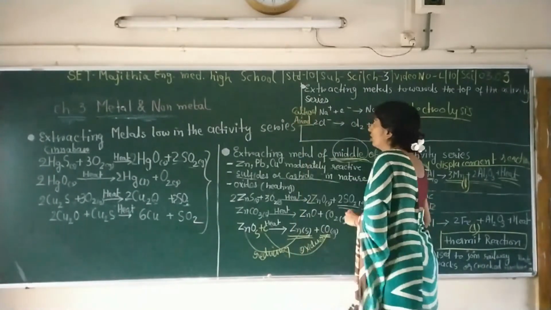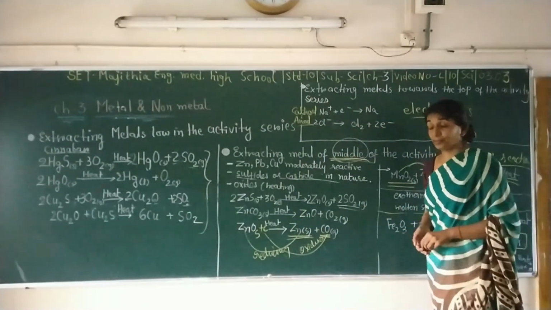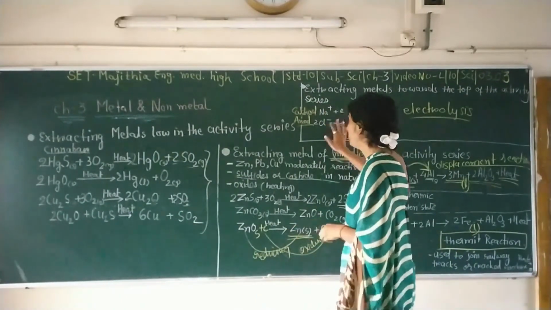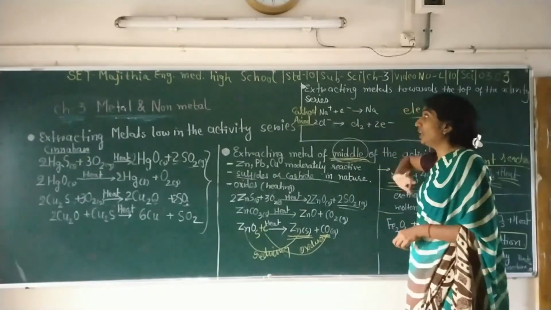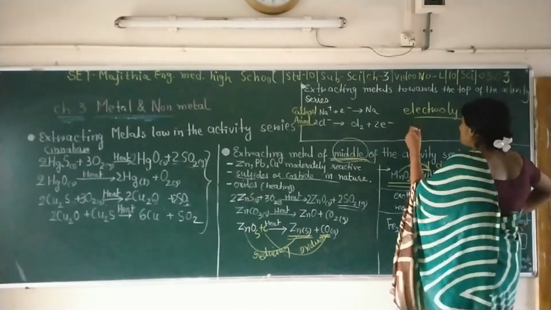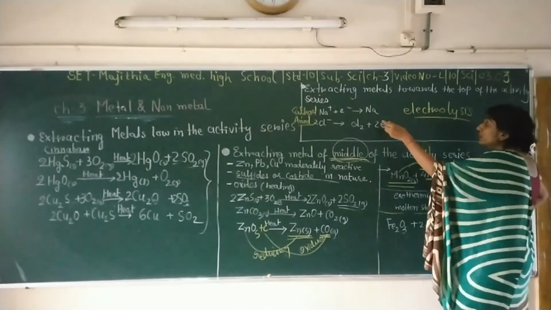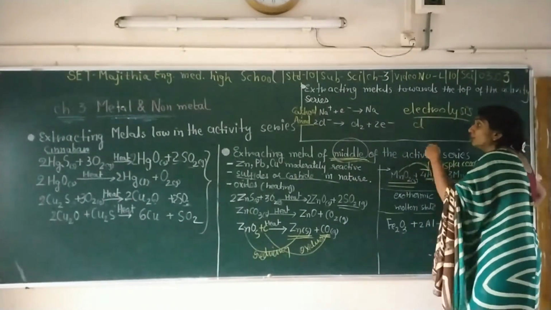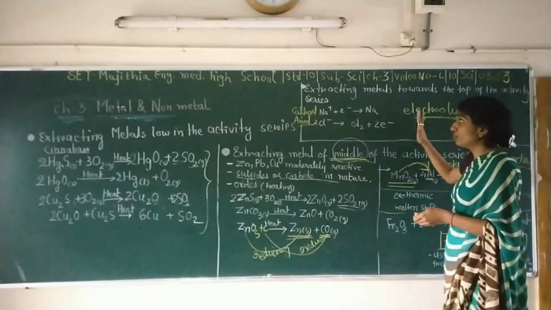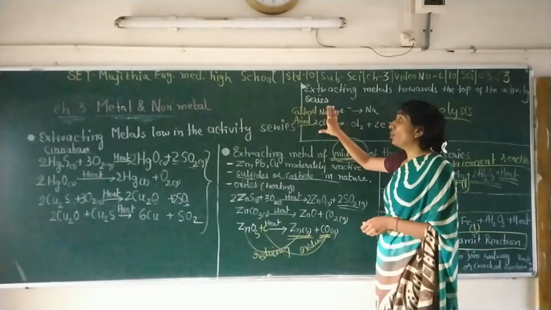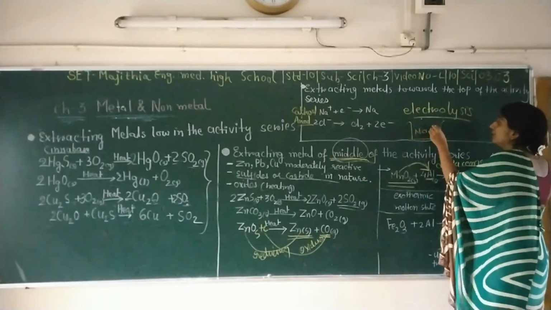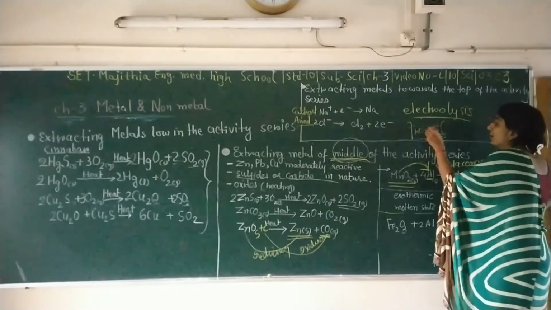In this procedure, we are supposed to have these metals either as chloride or oxide, or in whatever form the metal is. Then we take this metal chloride, suppose over here NaCl, into a vessel.